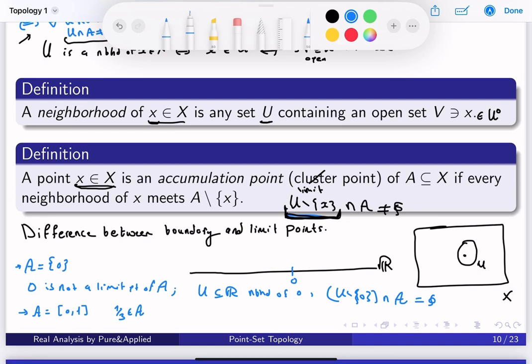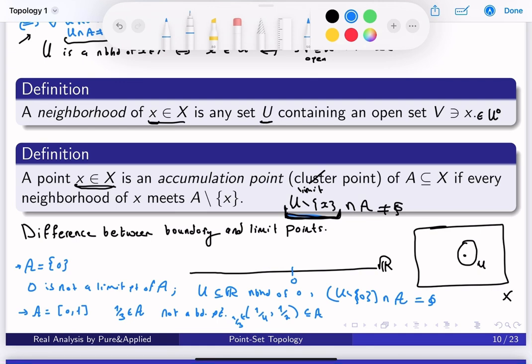And the reason is I can take the neighborhood, for example, 1/4 till 1/2. This is in A. It's a neighborhood of 1/3. It's an open set, in this case containing 1/3.